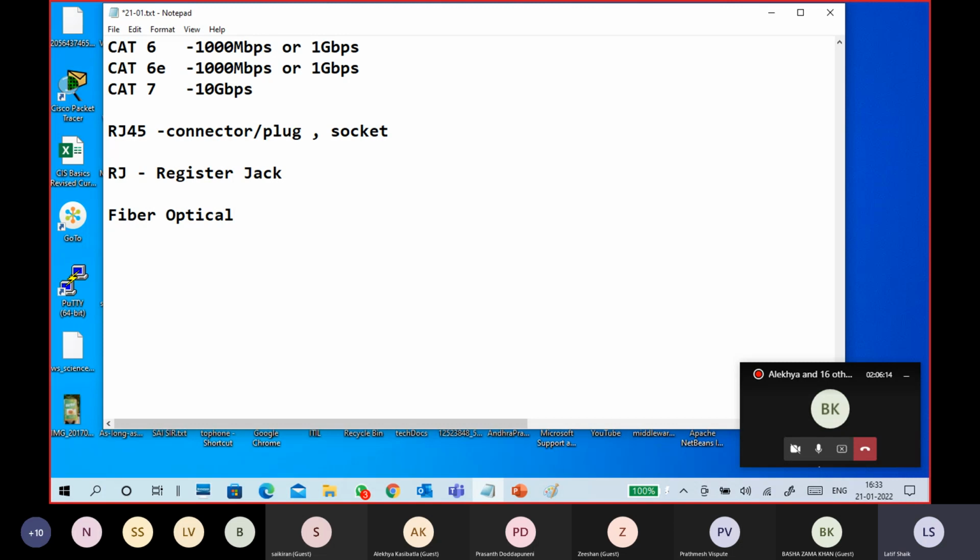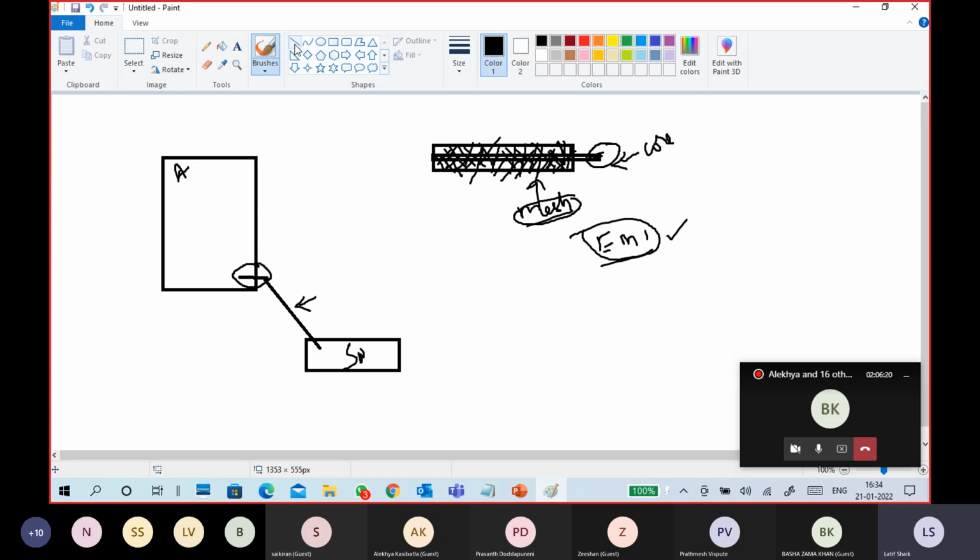Fiber optical cables are like this. It is made up of glass. The main core is made up of glass, and it is covered with another glass that is called the clad. The main data transmission is through the core.